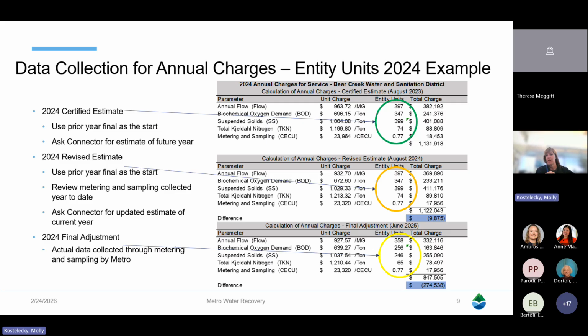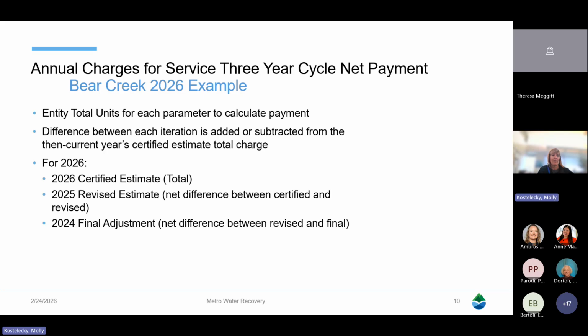So for example, in 2026, your bill for 2026 reflects the full amount for 2026 estimate, change for the 2025 revised, and then the 2024 final adjustment, because all of that was calculated last year. I have a wordy slide here that's going to say that same exact thing.